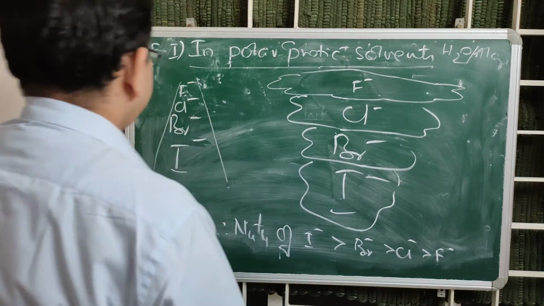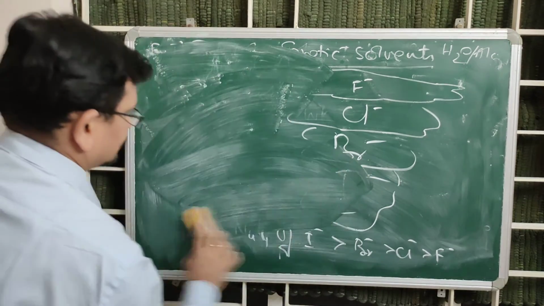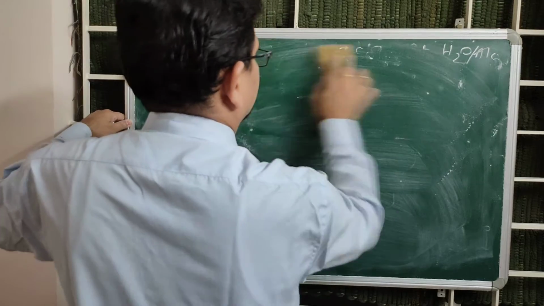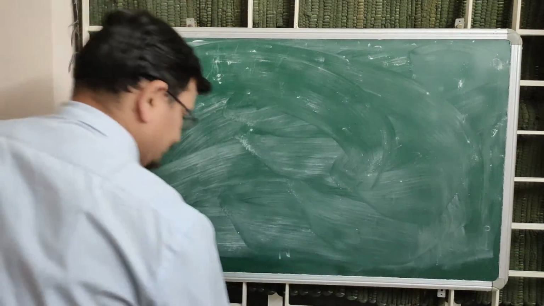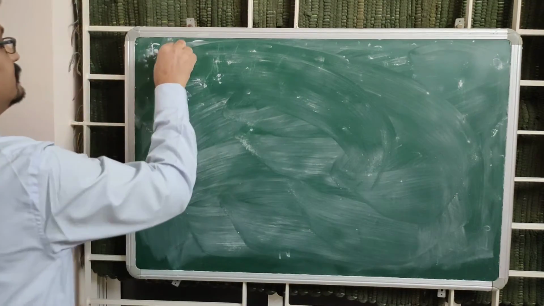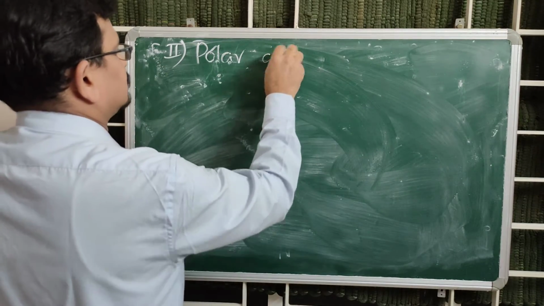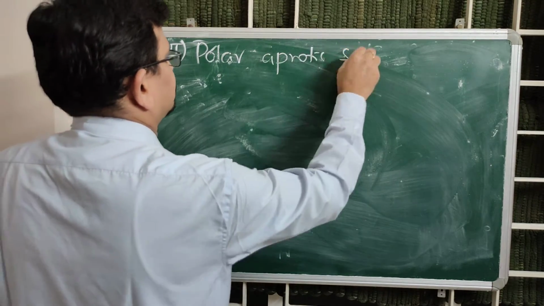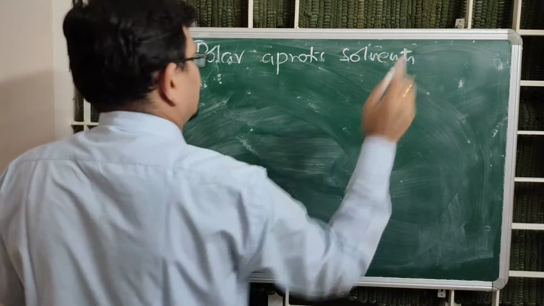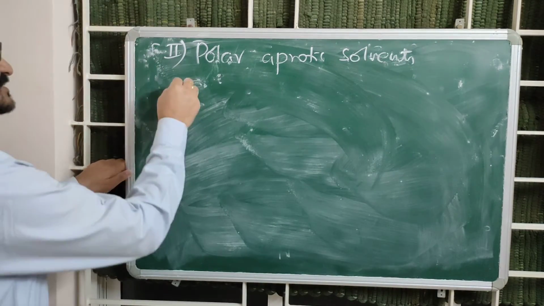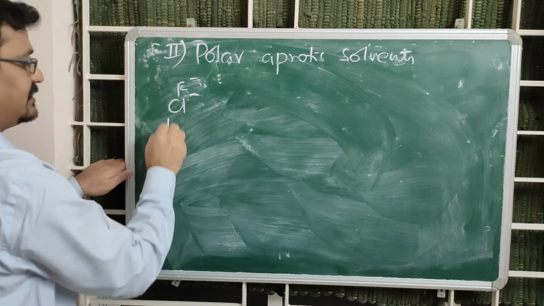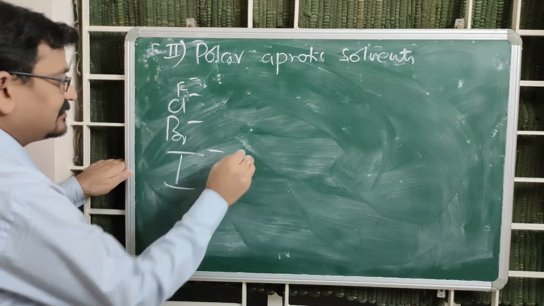Next, in case of polar aprotic solvents, consider the same ions, Cl minus, Br minus and I minus.